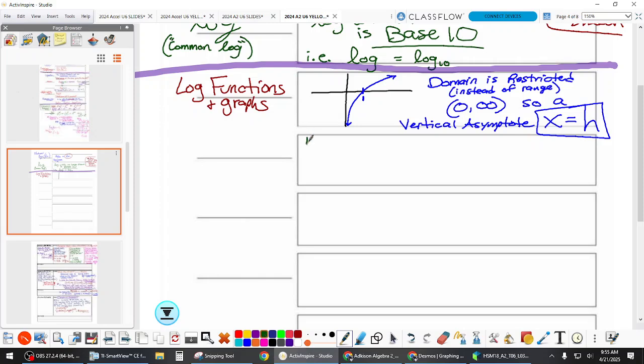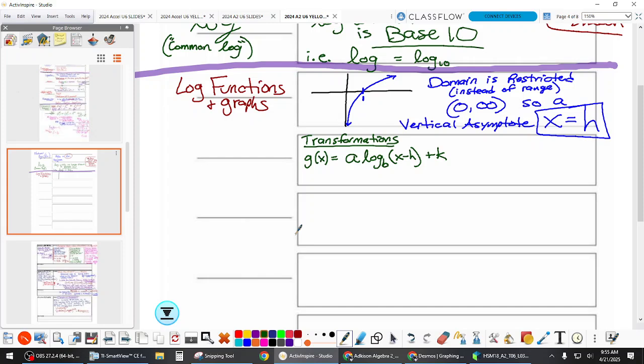Okay, the transformed version of this, we'll just write kind of the usual a log base b, so this applies to all logs, of x minus h and then plus k.